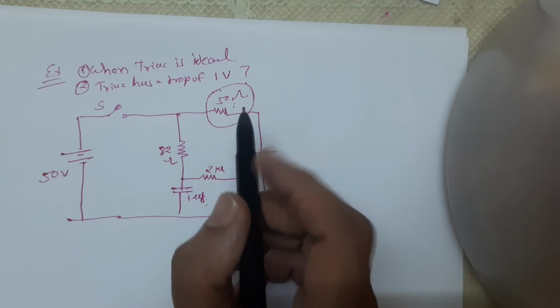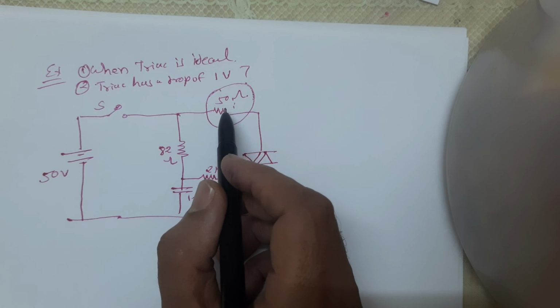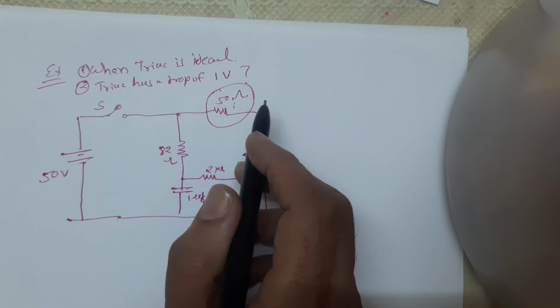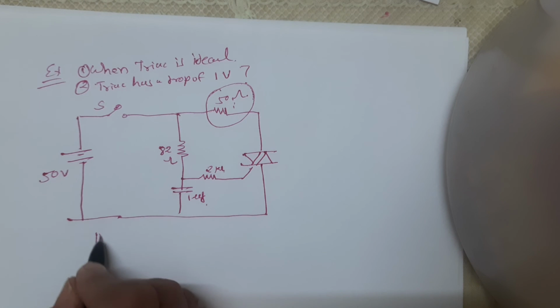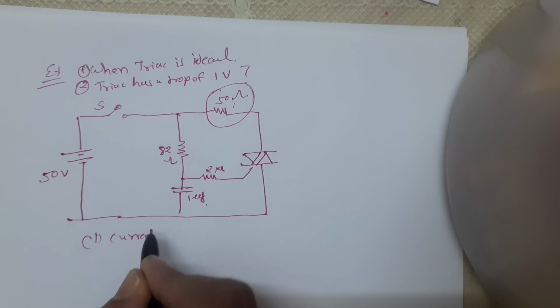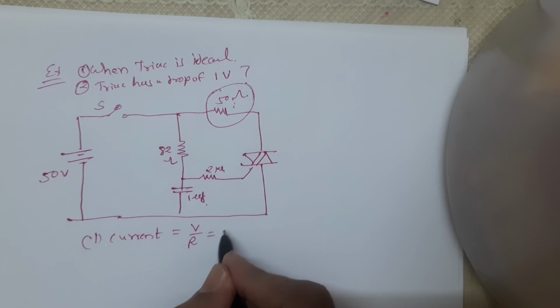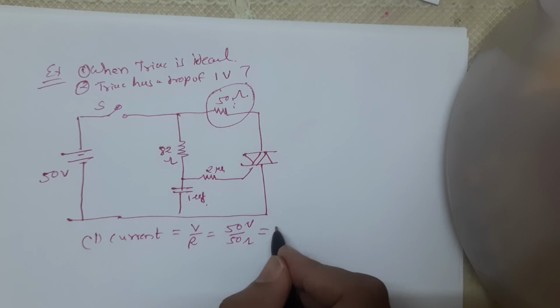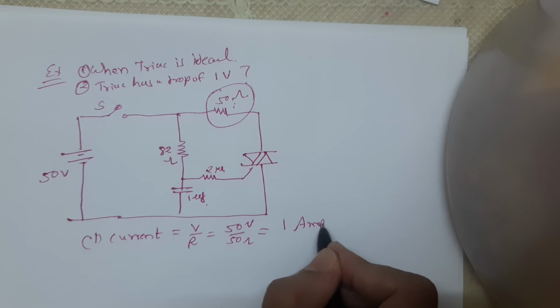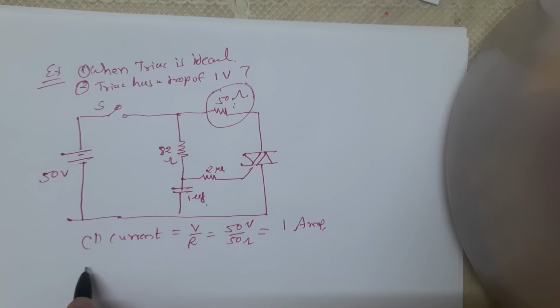Therefore, current is equal to V upon R, that means 50 volt upon 50 ohm. This is equal to 1 ampere.